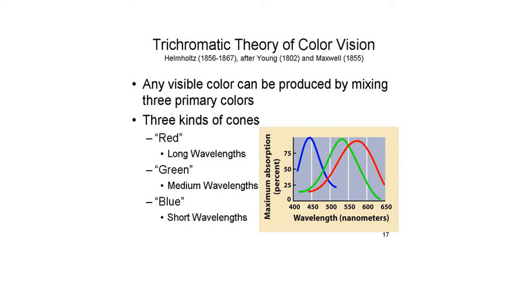Any visible color can be produced by mixing the three primary colors. And the way that this theory is supported by color blindness is that color blindness occurs when one of these cones, the red, green, or blue, is not functioning. Therefore, you are limited in the types of colors that you are able to see.